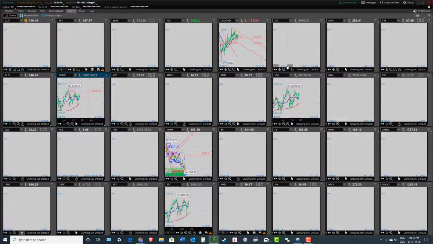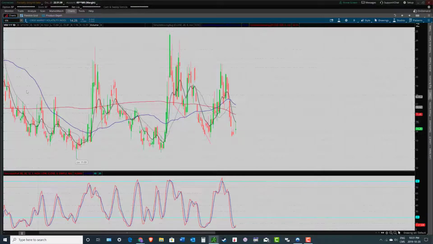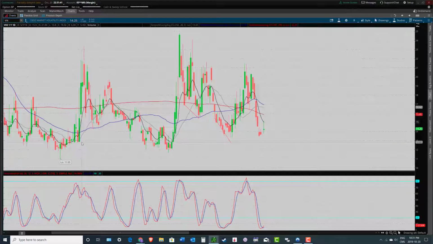Okay, so on the VIX, what do we got going on here on the VIX? Okay, well on the VIX, we haven't quite broken this little uptrend we've been in of higher highs, higher lows, higher high, higher low. We're right down here testing these lows.